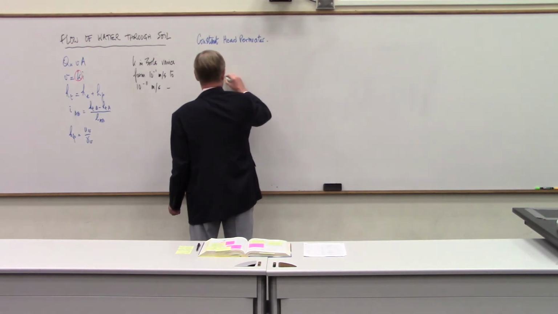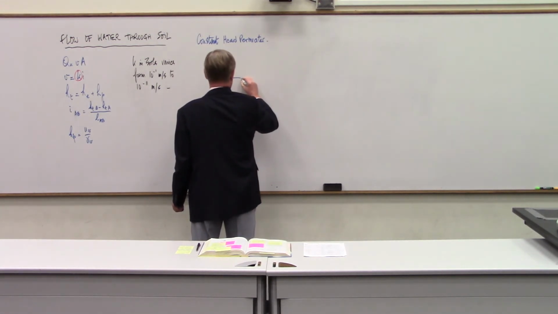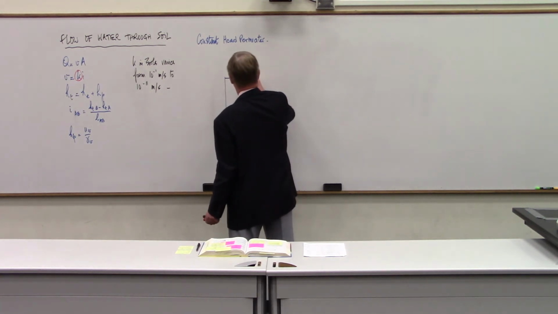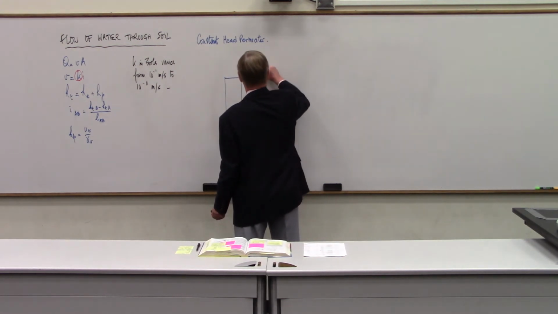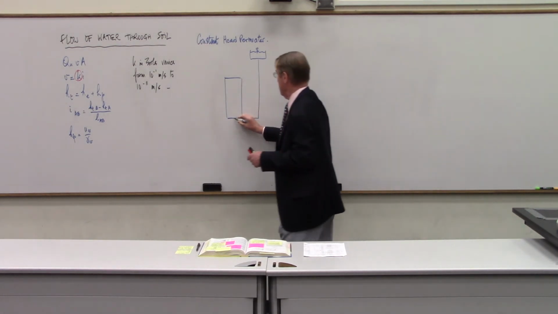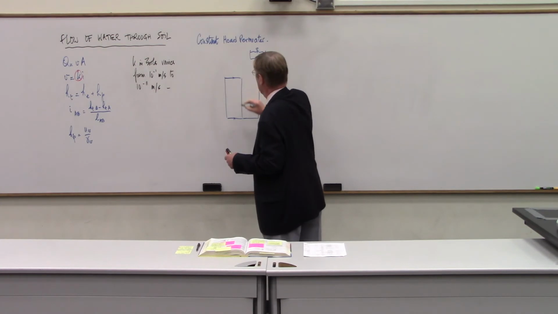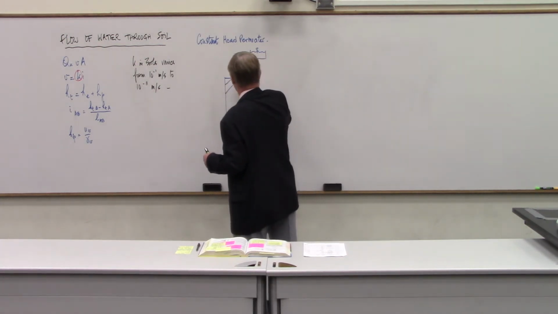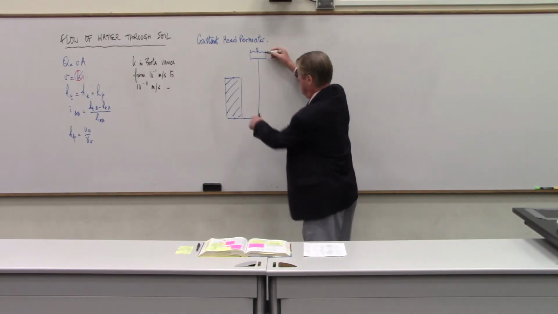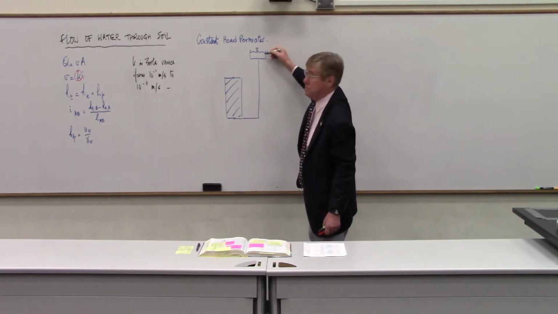So the constant head permeameter is actually the one that we just talked about, where you have a soil sample, and I'll simplify the device, and you have a bucket here, you have the water. So this is kept constant. So the head anywhere in the sample is constant.